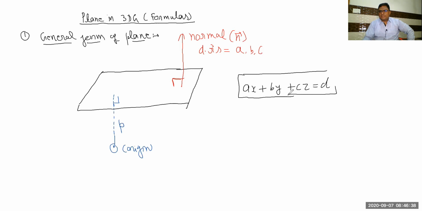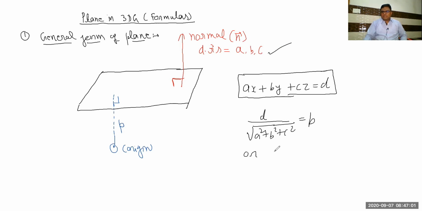In this formula, you have to put the values of A, B, C and D. What are A, B, C? A, B, C are the direction ratios of the normal. And what is D? D can be defined by this formula, that D upon square root a square plus b square plus c square is equal to small p.